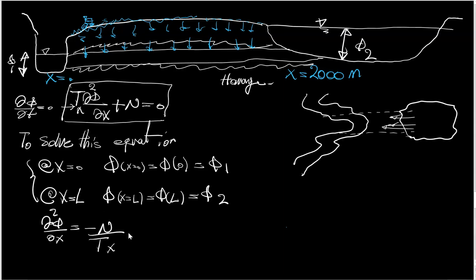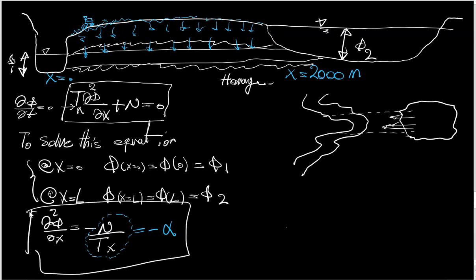Just to make things simpler. And for reasons that you are going to see later, I just want to rewrite N over Tx as alpha. This is just a mathematical notation. Now I want to solve this problem where alpha is N over Tx.